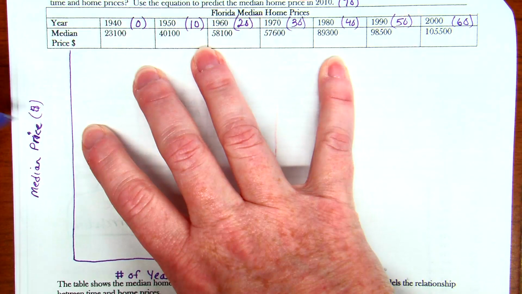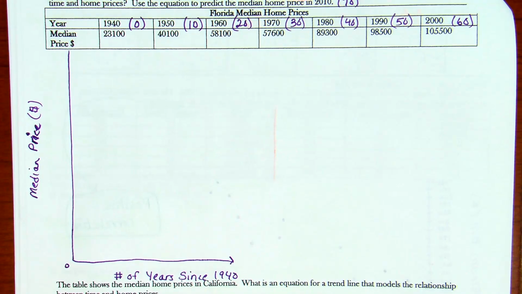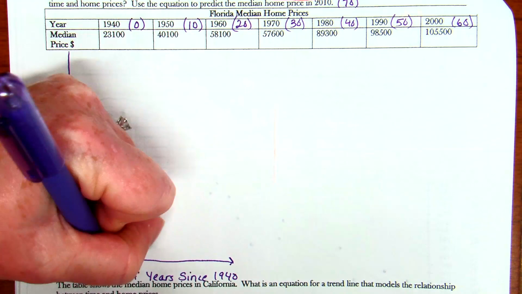Along the bottom, what would be smart to label? 0, 10, 20, 30, 40, 50, 60? Label by tens, right? Do we need anything in between the tens? No. Okay.